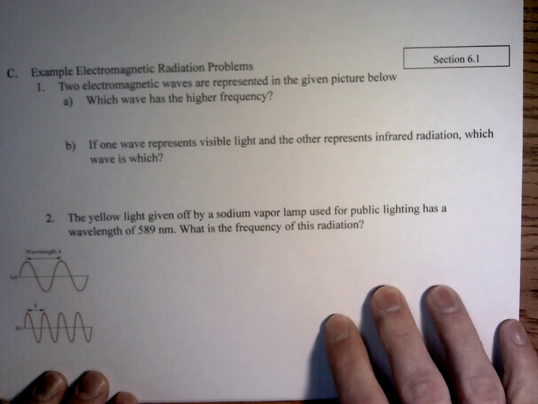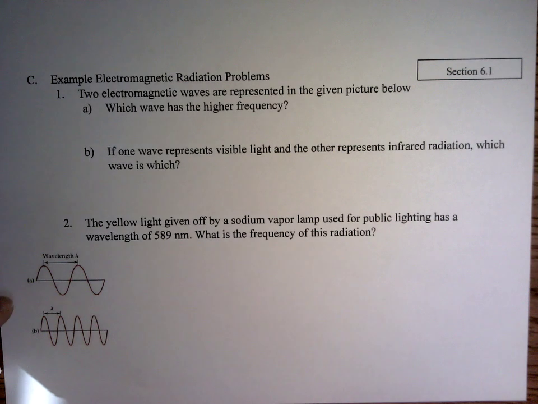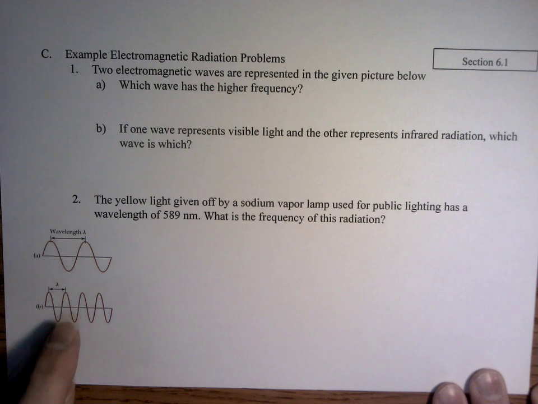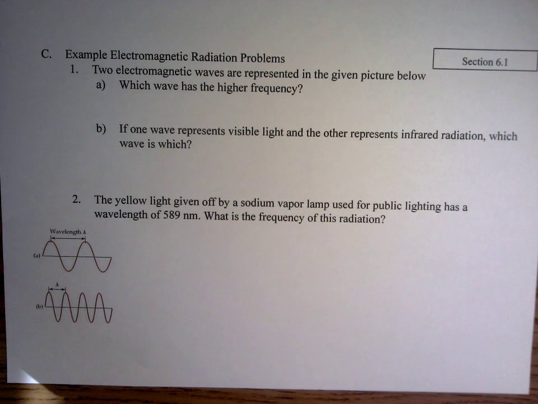Okay, so our example problems here. We have our electromagnetic waves, and what I'm referring to is these pictures down in the lower left, and it says which wave has the higher frequency.